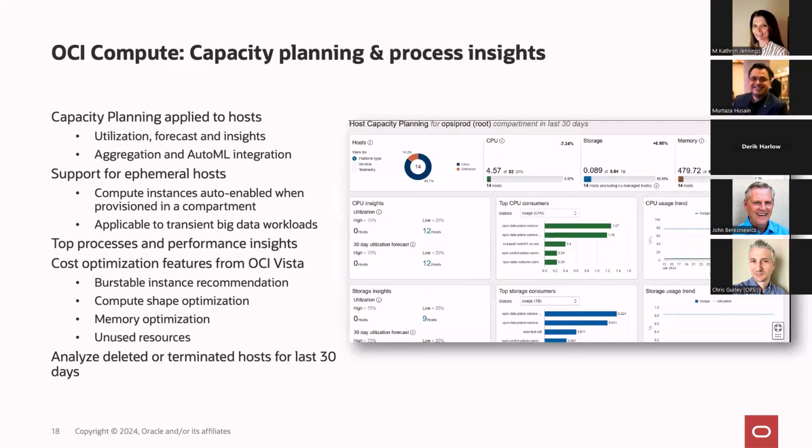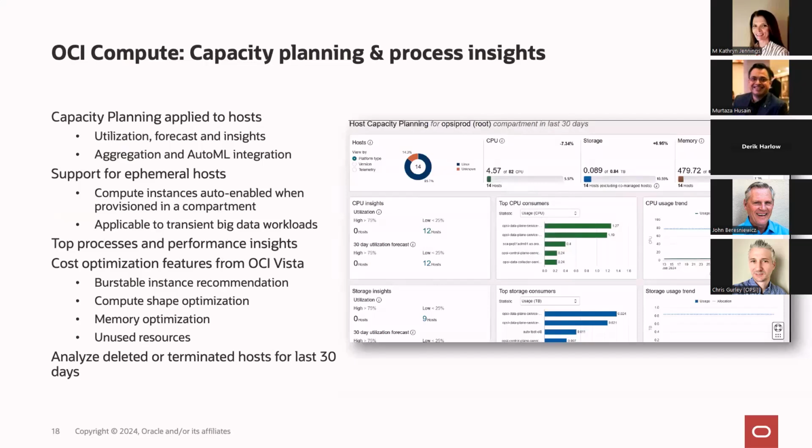Now, within capacity planning, we also have pretty comprehensive support for host and OCI compute capacity planning. Over here on the right-hand side, you can see the host capacity planning landing page, which gives you a complete inventory of all the hosts and the various OS that the hosts are supporting.